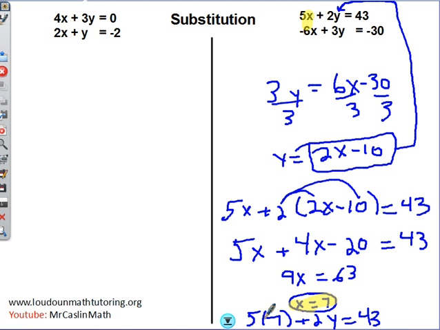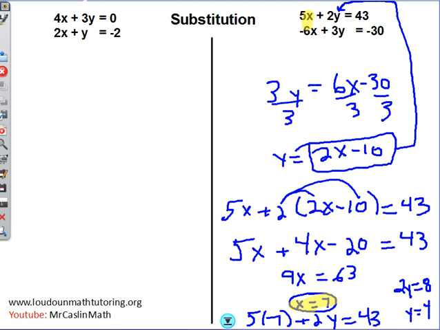This is going to be 35. I'd end up subtracting 35 from both sides. 43 minus 35 is 8. I get 2y is equal to 8. Divide by 2. y is equal to 4.